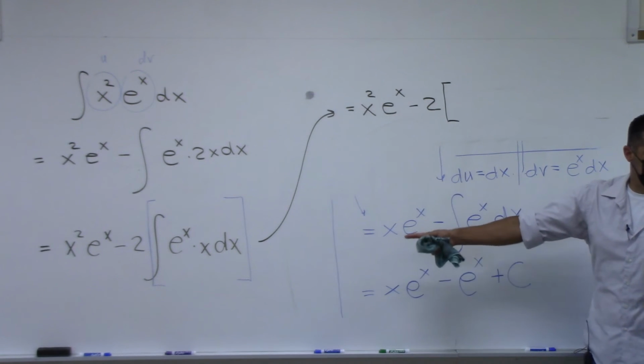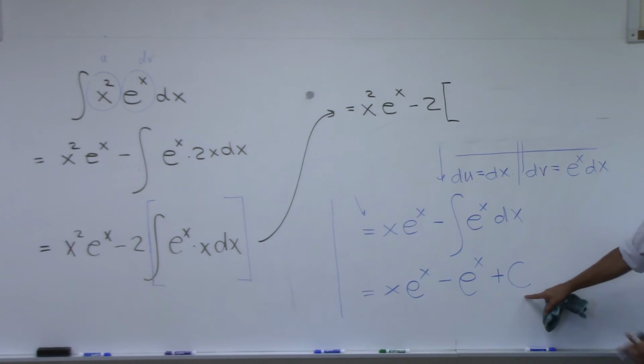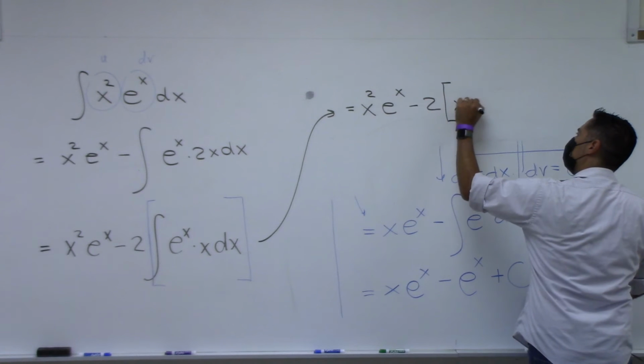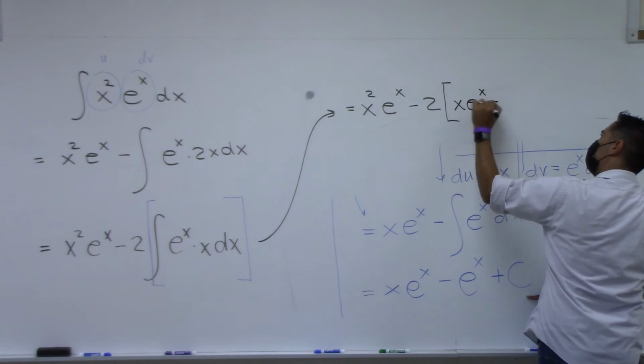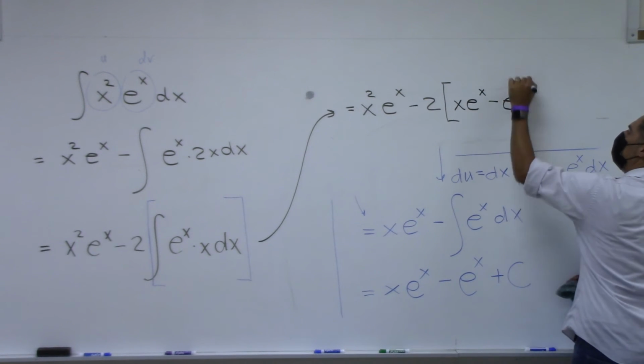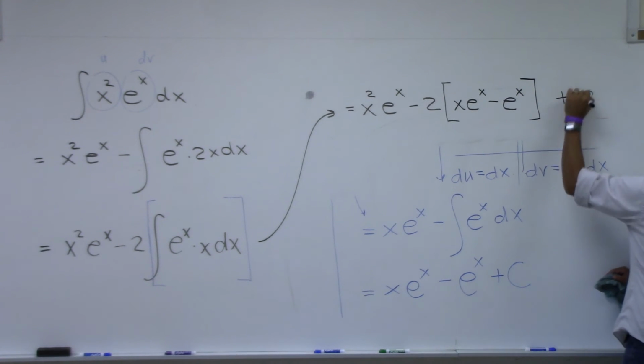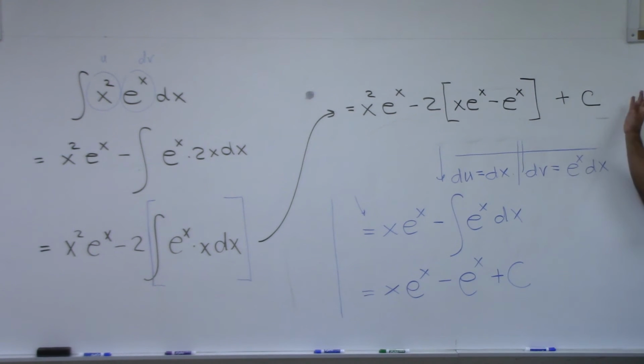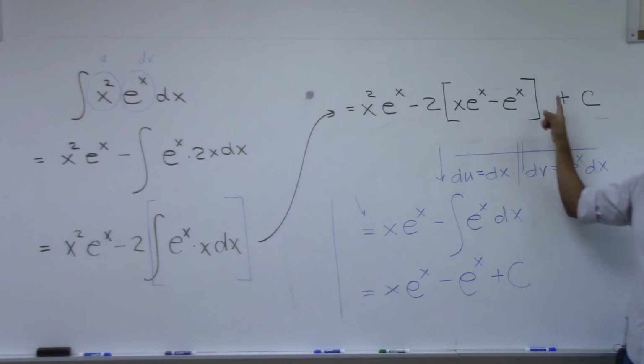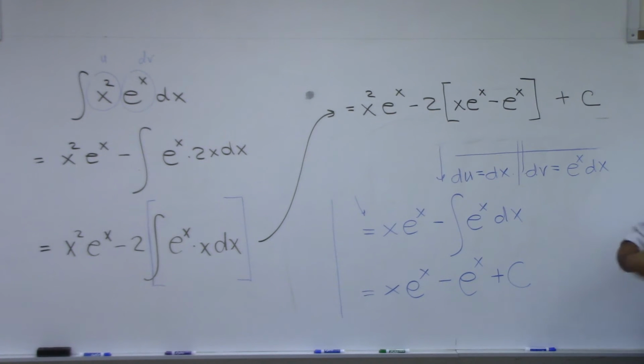You could use a parenthesis, it doesn't matter. All of this: x e to the x minus e to the x. And then look what I'm going to do. I'm going to put the plus c out here. Doesn't matter. The constant can just push way out to the side. Even if you put it in the bracket and distributed a negative 2 to it, it's still a constant. We don't know what it is.